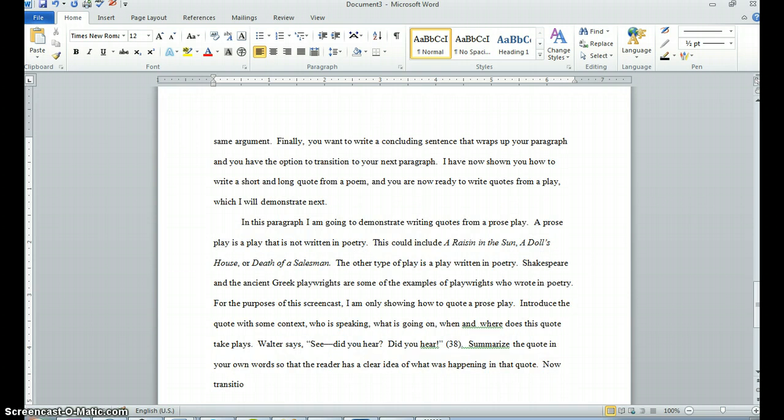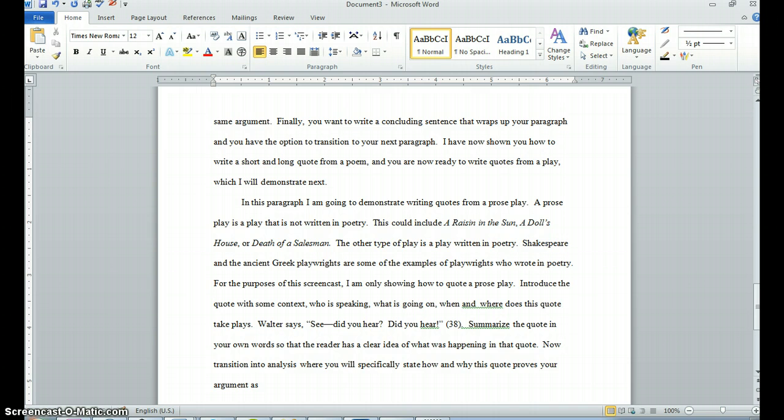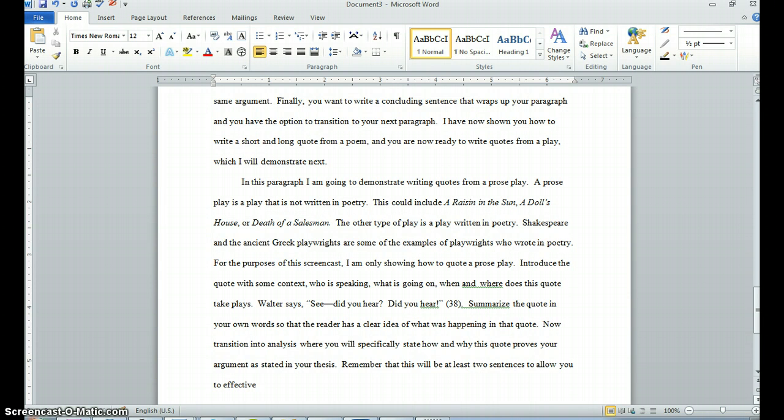Now transition into analysis, where you will specifically state how and why this quote proves your argument as stated in your thesis. Remember that this will be at least 2 sentences to allow you to effectively prove your point.